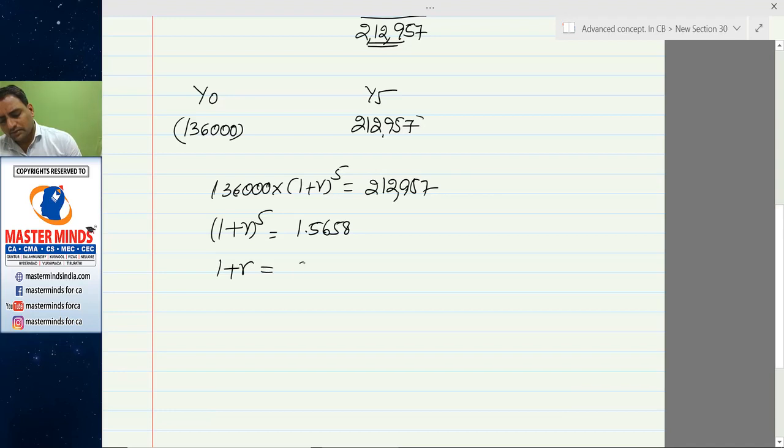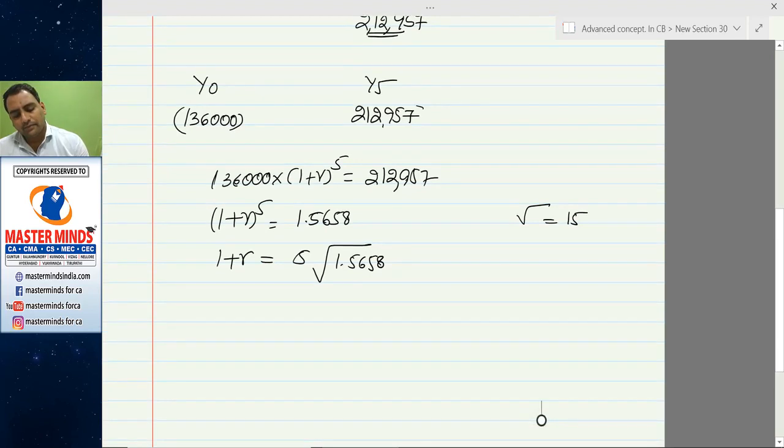1 plus R is equal to 5th root of 1.5658. I will do this calculation applying root for 15 times. This is step 1. Step 2 is step 1 value minus 1. Step 3 is step 2 value divided by 5, because you are finding 5th root.